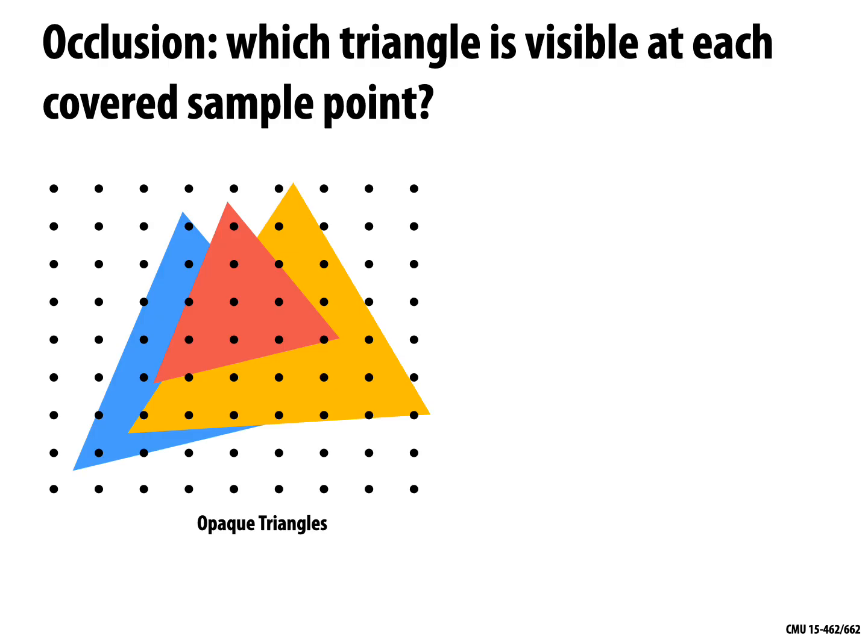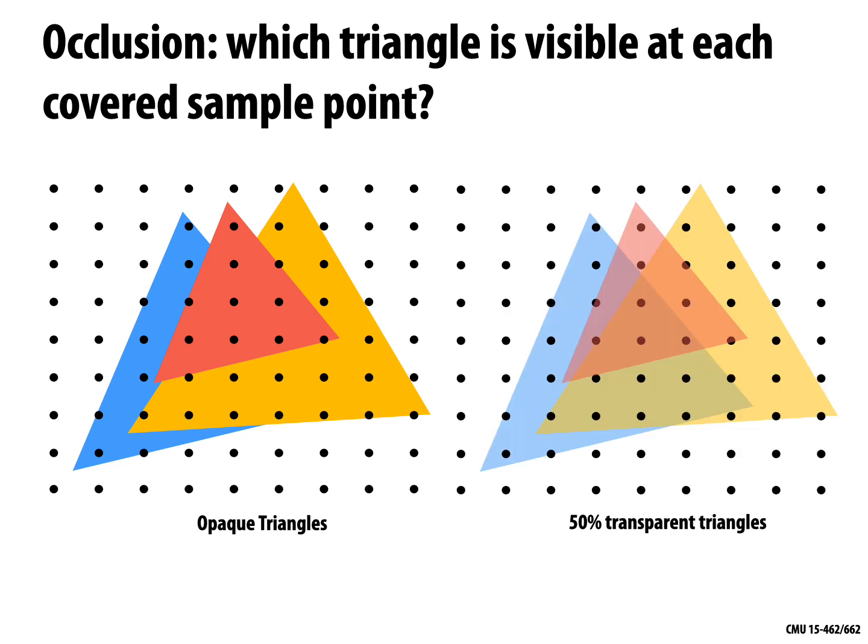So the question of occlusion is, okay, we're rendering a bunch of different triangles into our image. Which of those triangles is visible at each sample point? And we can think about this question for opaque triangles, things that are completely solid. We'll also want to think about this question for semi-transparent triangles, and there things really start to get interesting.